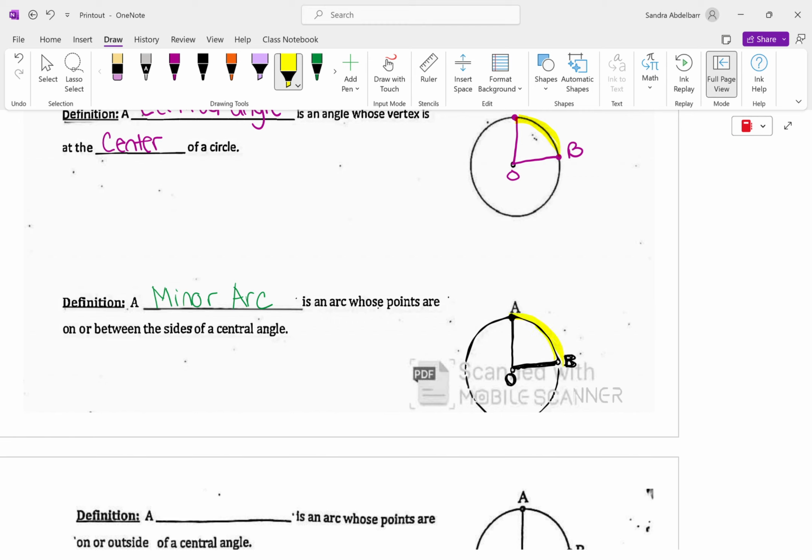That arc AB, that is our minor arc. The symbol for it is you draw an arc, and then underneath of it, you write the endpoints of the arc. So we go from point A to point B, or point B to point A, it doesn't matter. So this could be arc AB or arc BA. The order of the letters does not matter.